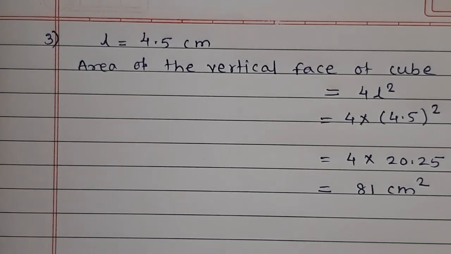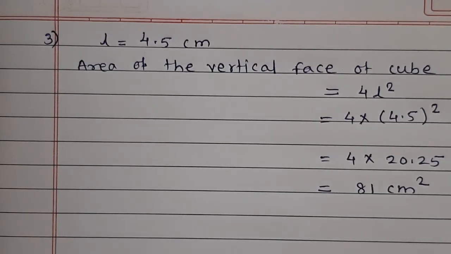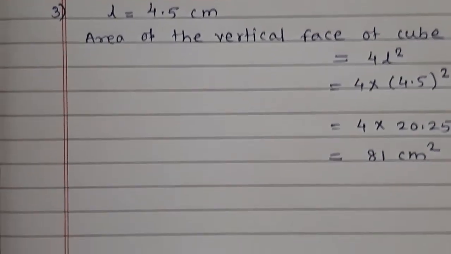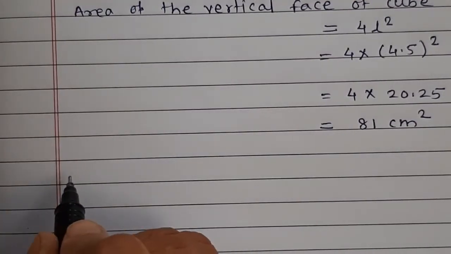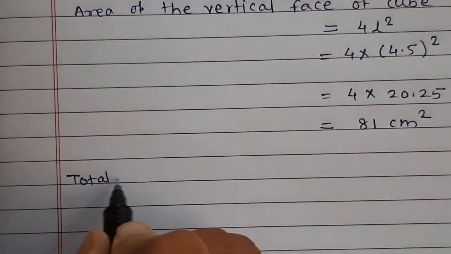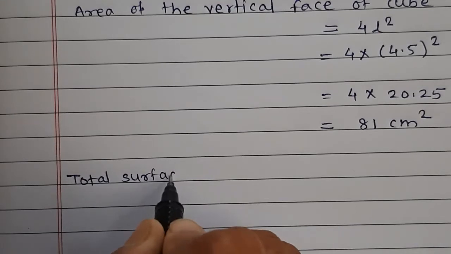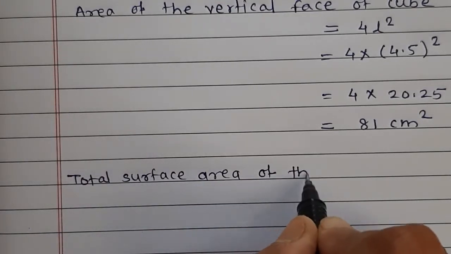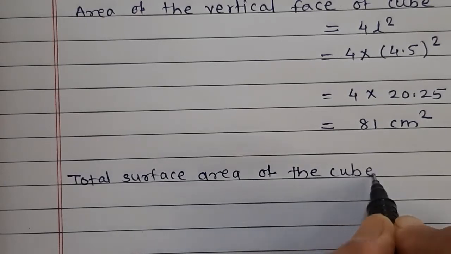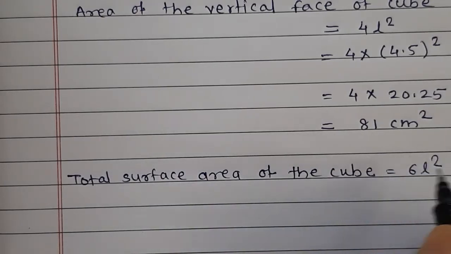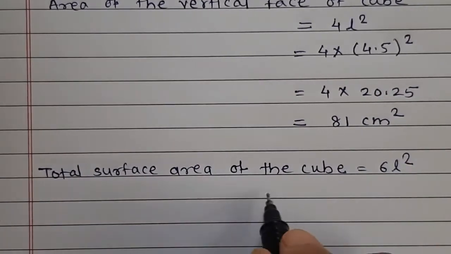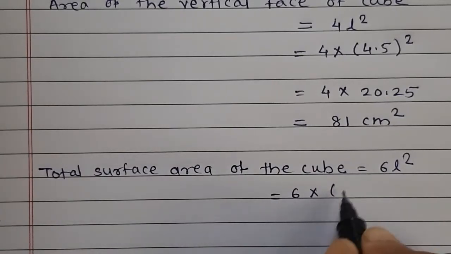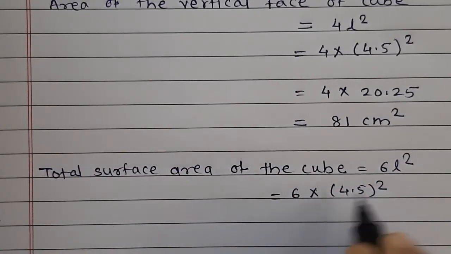Now the second question is given there. We have to find the total surface area of the cube. So here total surface area of the cube equals 6L square. So here 6 into L, which is 4.5, its square.